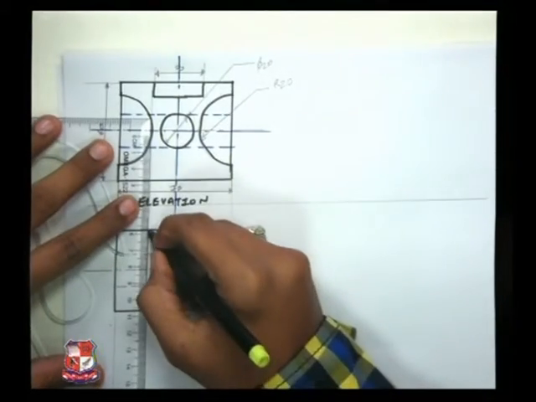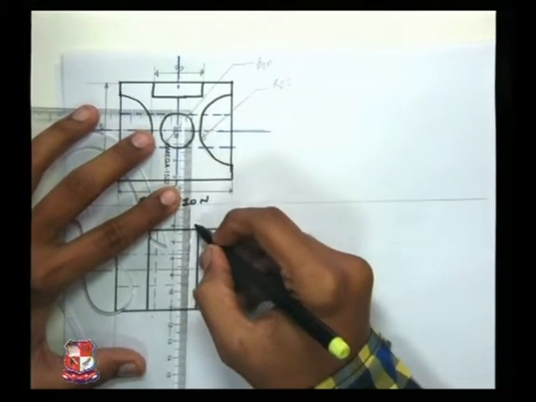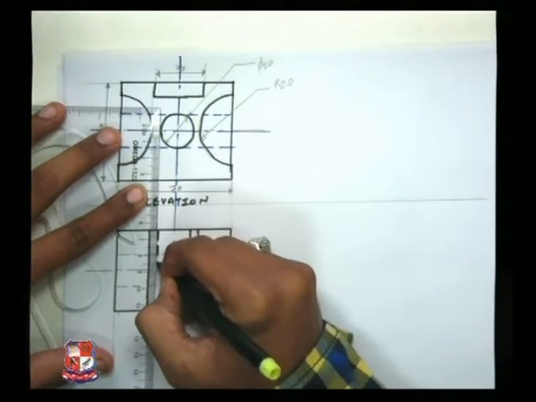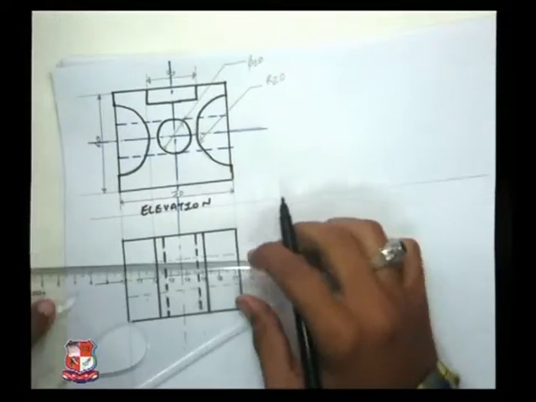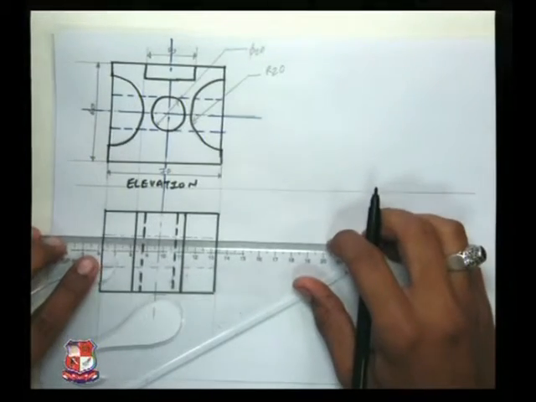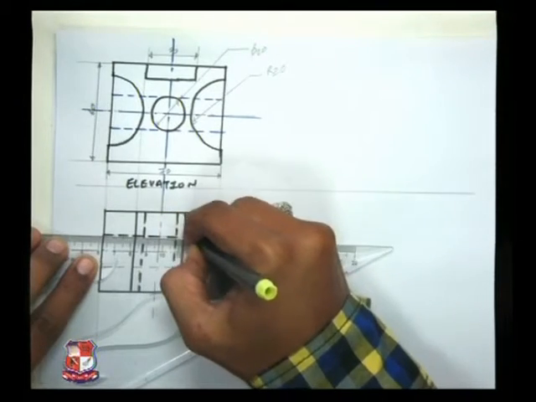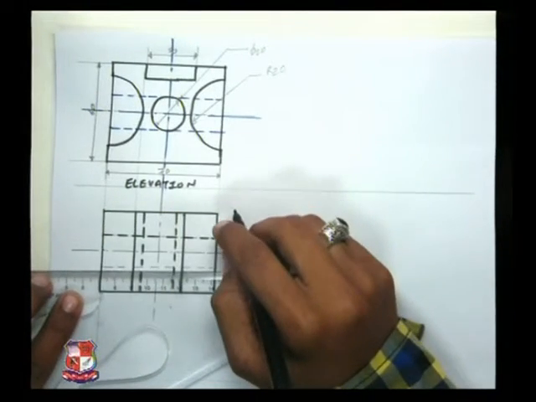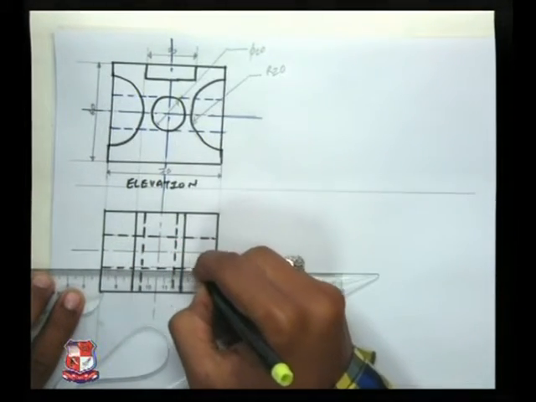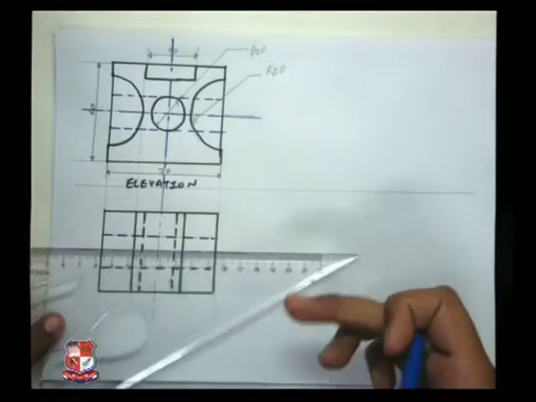The above slot can be seen visibly, but the inner circle cannot be seen, hence it comes as a hidden line. As well, this square slot cannot be seen visibly, hence it comes as a hidden line. Nothing else can be seen from the plan.